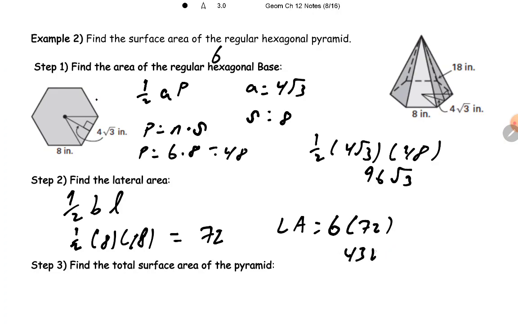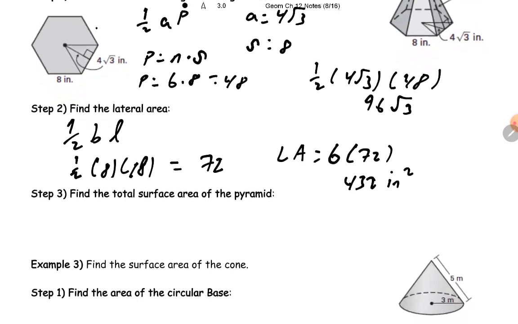So we have 432 square inches for my lateral area. Now we can add them all up. 432 plus 96 root 3, which is equal to 598.3 square inches.